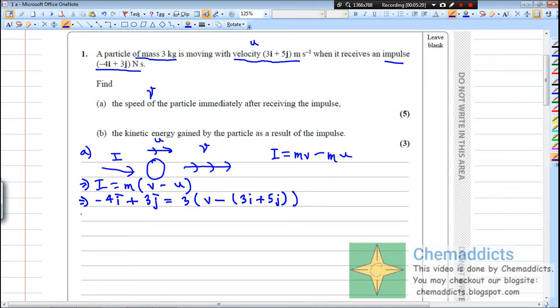Now let's simplify this. Minus 4i plus 3j equals 3v minus 3i plus 5j.